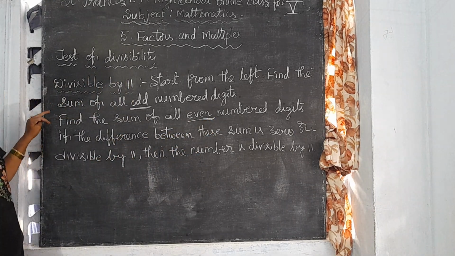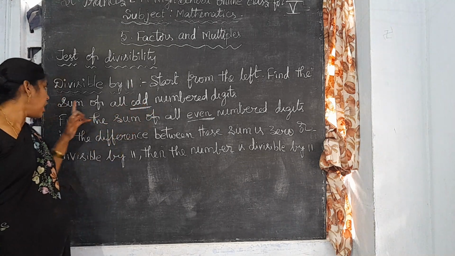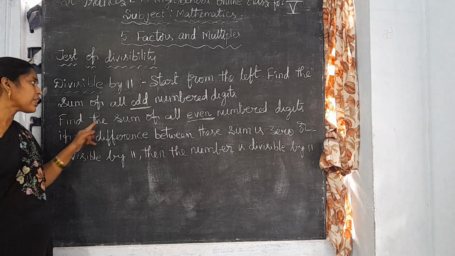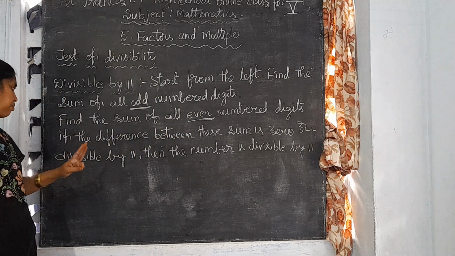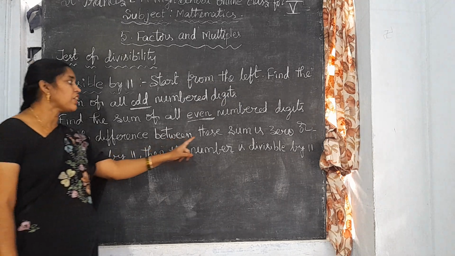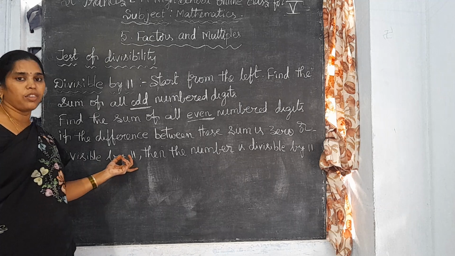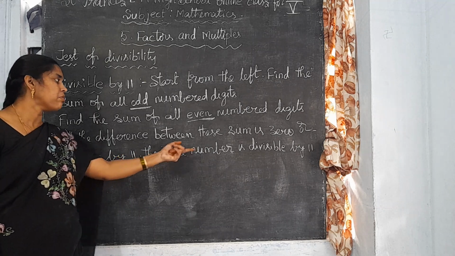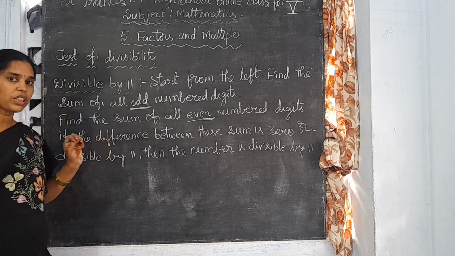That is the first step. The second step is to find the sum of all the even place digits in the number. The third step is, if the difference between these sums is 0 or divisible by 11, then the number is divisible by 11. I will explain with an example.